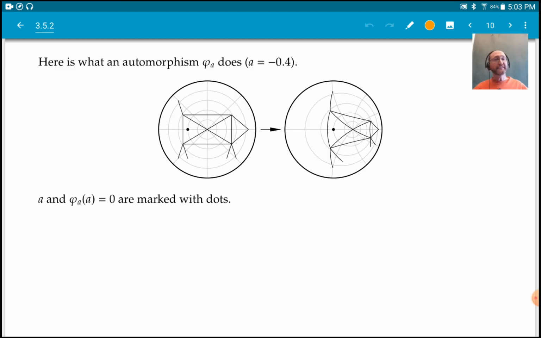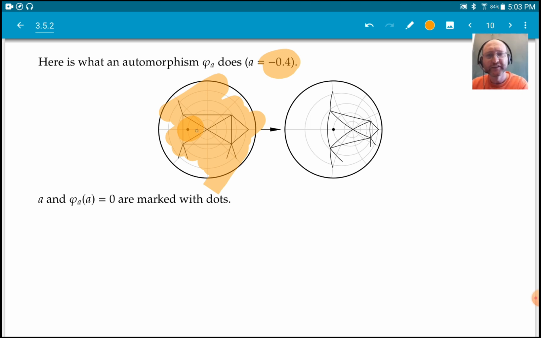All right, so let's see what one of these guys does. I put some image in the unit disk, and the dot is marking minus 0.4, which ended up in that particular area. So we have this picture, and I also drew some circles and lines to see what this map does.